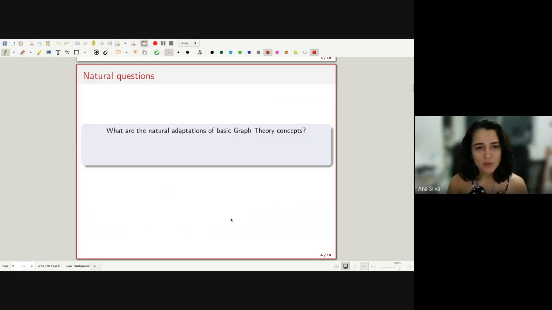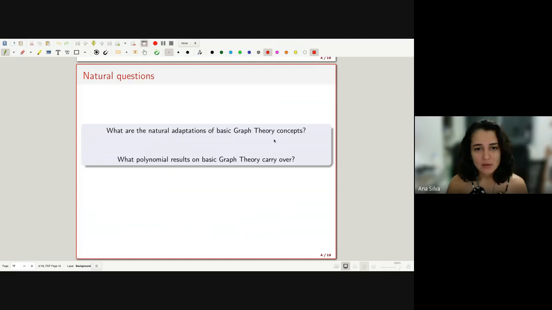The natural question here is what natural adaptations of graph theory concepts can be made. You take a classical definition in graph theory, and you try to define what it would be in temporal graphs.